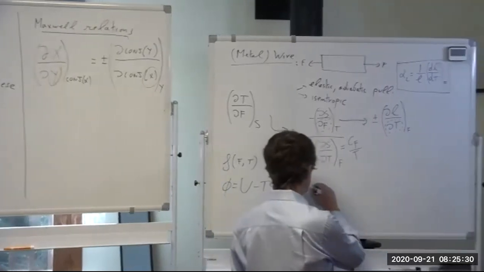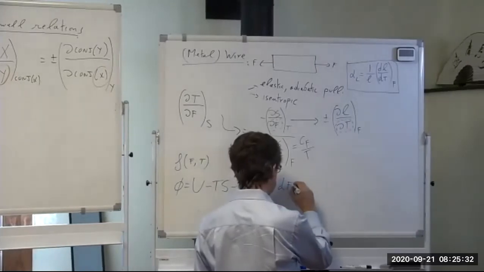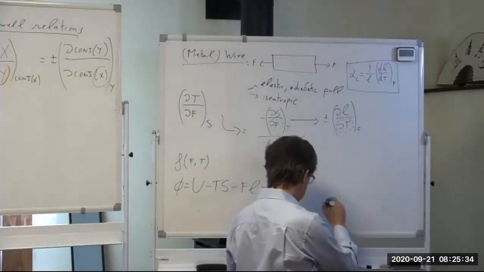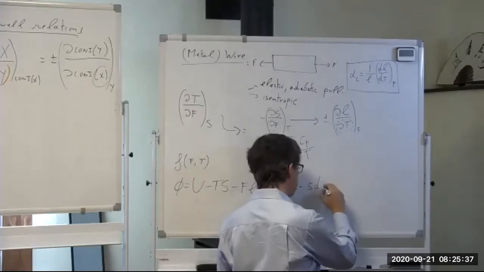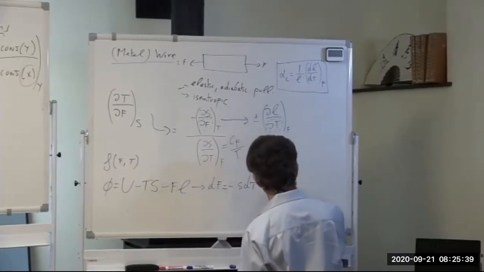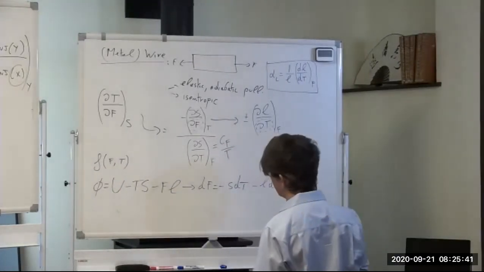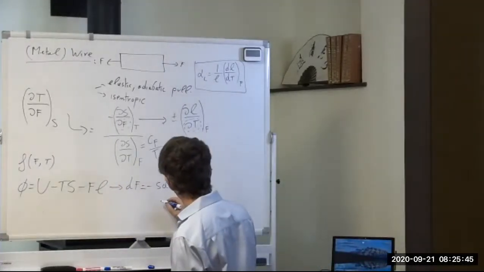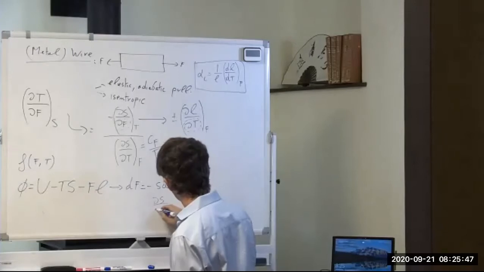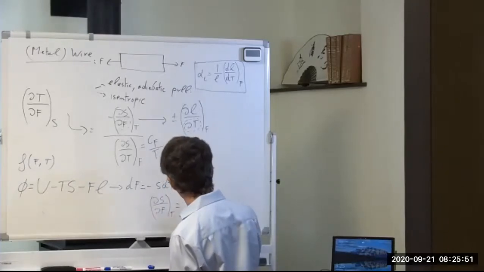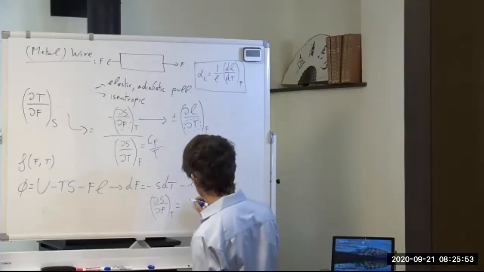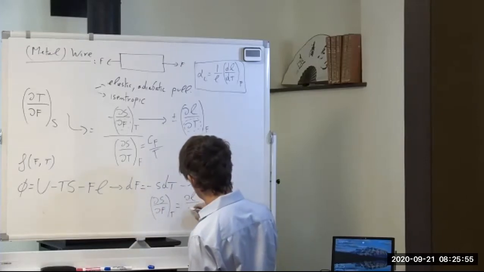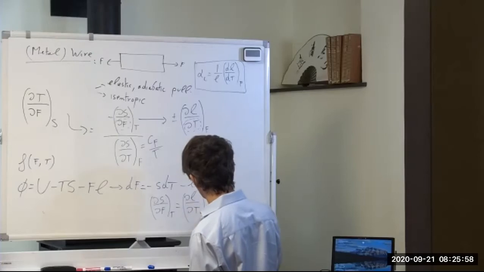So I would work out what the differential is, which by now you know how to do well, is minus S dT minus L dF. And now if you take the Maxwell relation, you would find that dS/dF at constant T is equal to, and I got two minus signs that give me a plus sign, dL/dT at constant F.